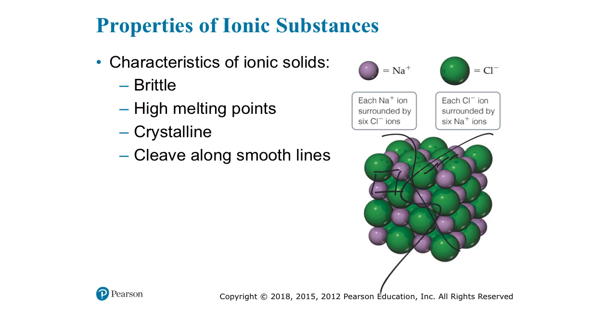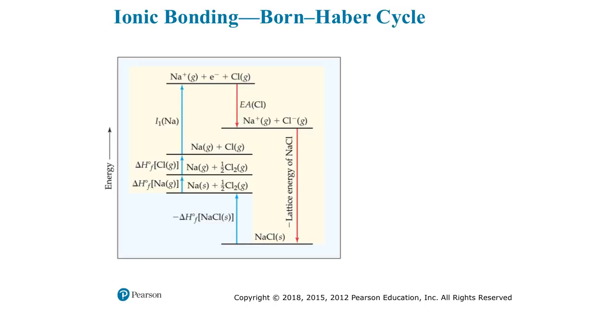So we started this discussion off about NaCl by pointing out that the enthalpy of formation of sodium chloride in the solid phase is negative. And so that means that the reaction is solid sodium and a half Cl2 in the gas phase, forming NaCl solid.